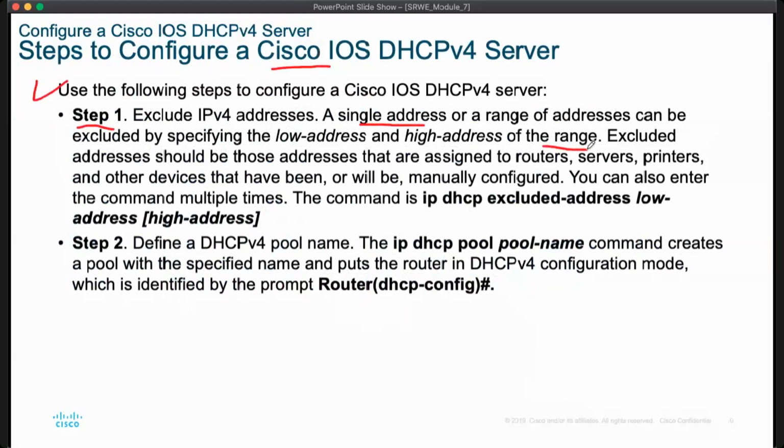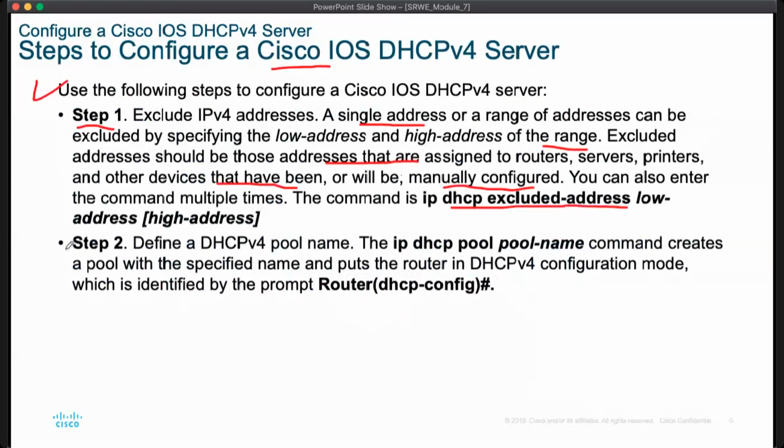Excluded addresses should be those addresses that are assigned to routers, servers, printers, and other devices that have been or will be manually configured. You can also enter the command multiple times. The command is ip dhcp excluded-address low-address. So this is the command.